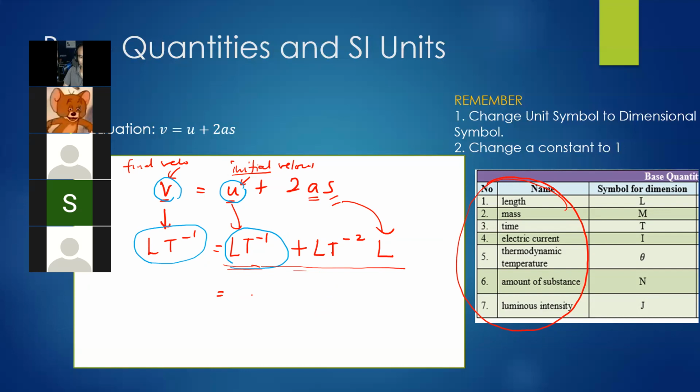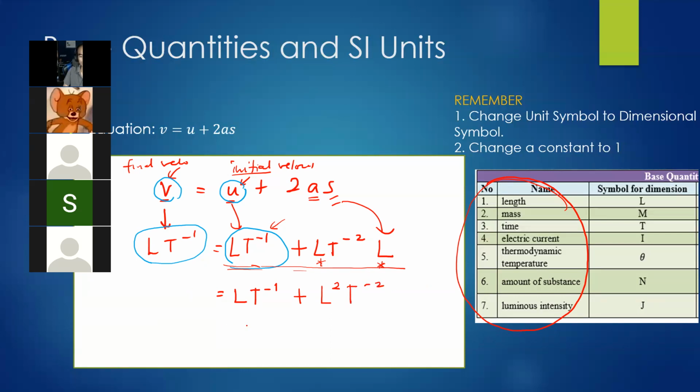For this first term: L, LT^-1. Plus L, T. This L and this L are multiplied. So what happened to this L? L squared, T^-2.